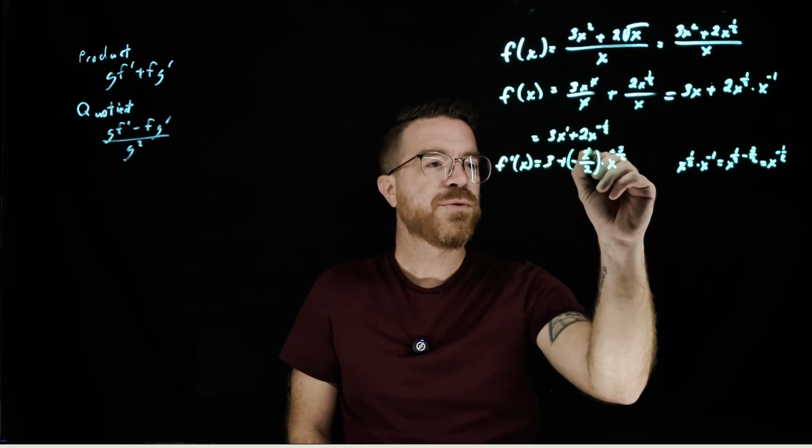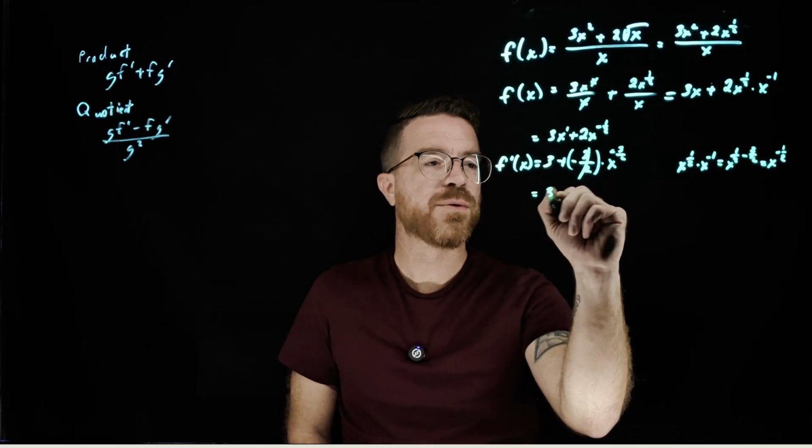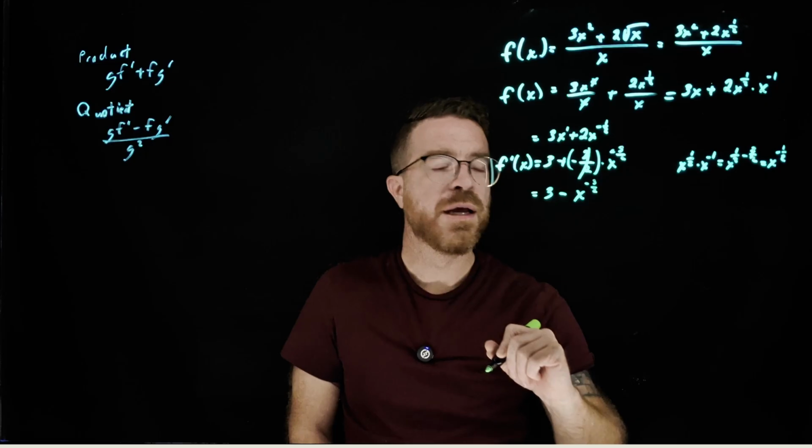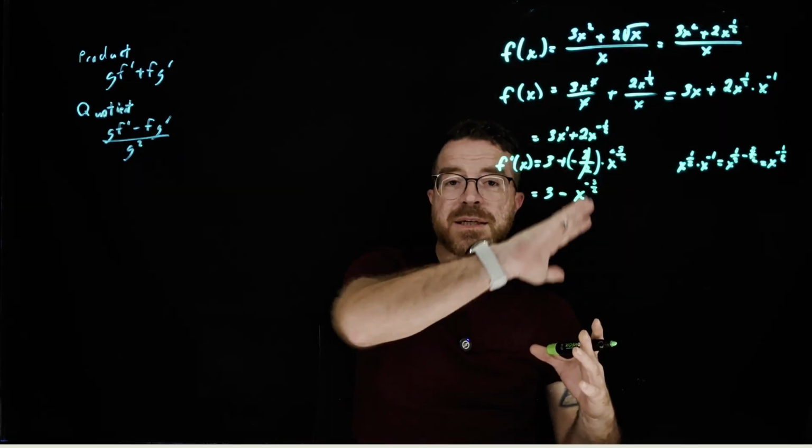And then 2 over 2 just gives me 1, so I'm left with 3 minus x to the -3/2, which if you remember, the negative is going to put this in the denominator.